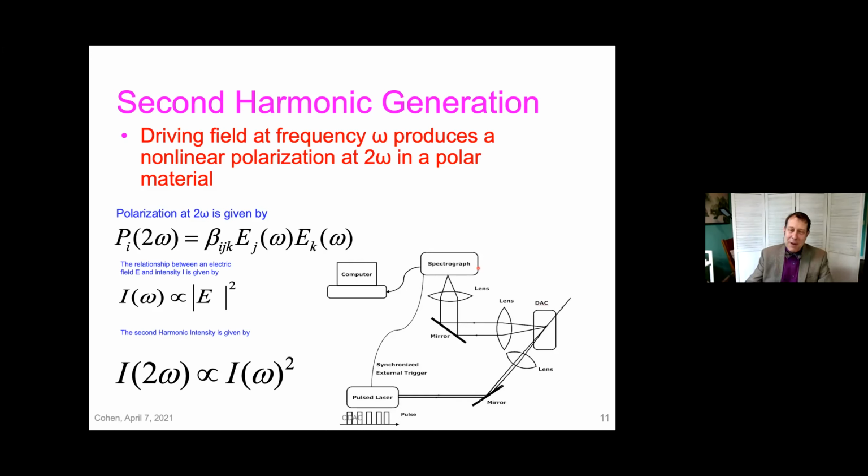But the bottom line is it's hard to do these, especially this was done in the diamond anvil cell under pressure, and so one has to observe the signal. The reason for doing this is that in a centrosymmetric material, you don't get any second harmonic effect, and so this is a way that's straightforward in principle to see if you have a polar or a non-polar material, if your material has a centrosymmetry or not.